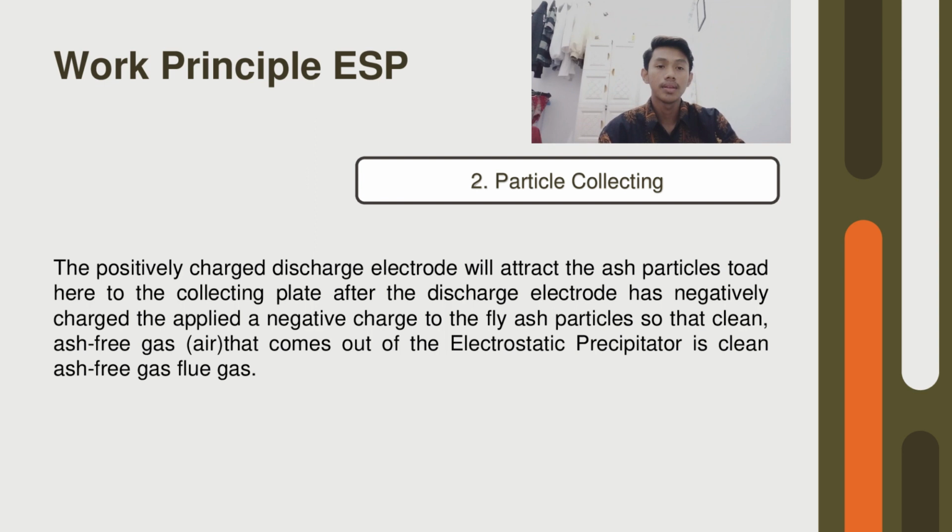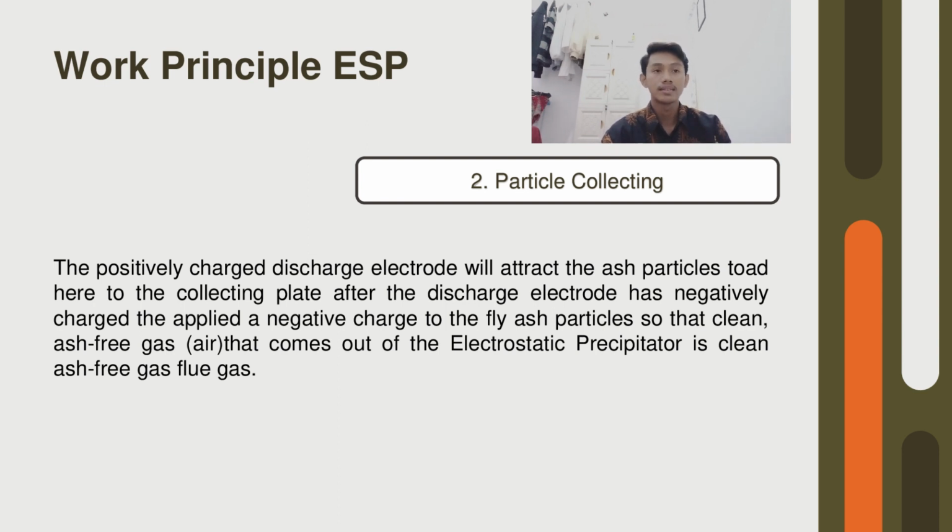Okay, my name is Muhammad Gilang. I will explain the working principle of ESP, number 2: particle collecting. The positively charged discharge electrode will attract the ash particles to the collecting plate.